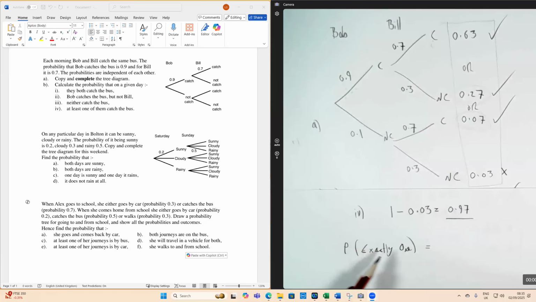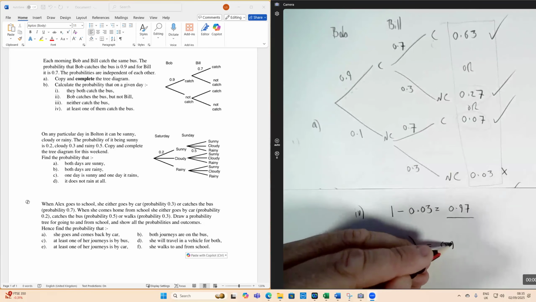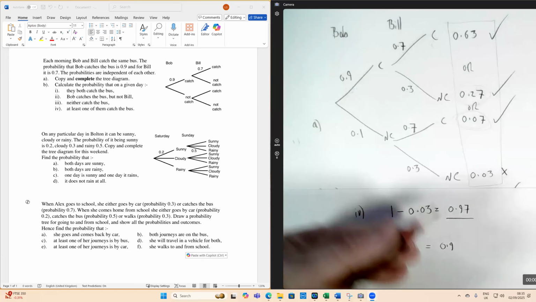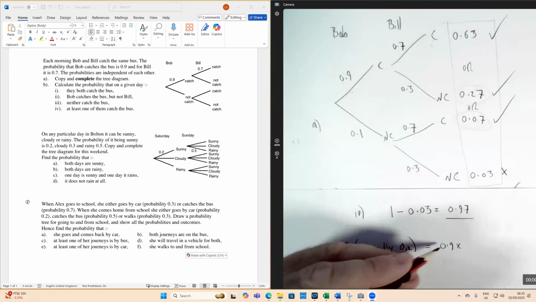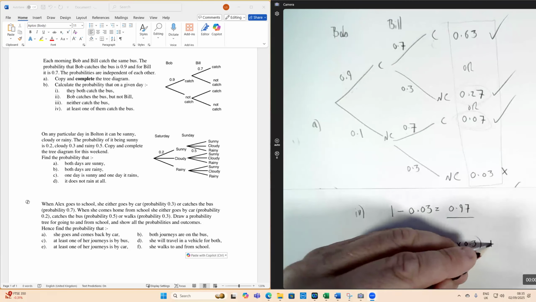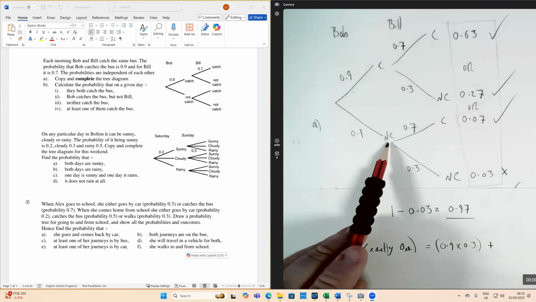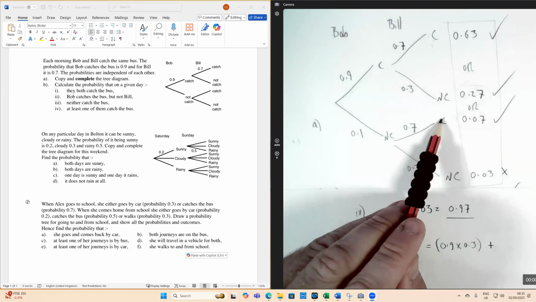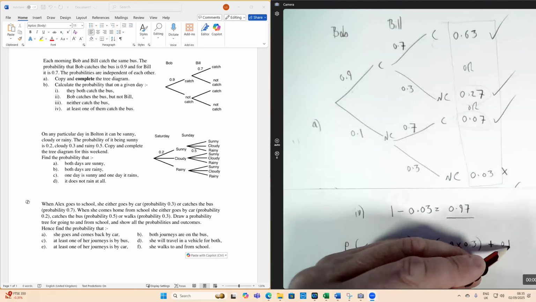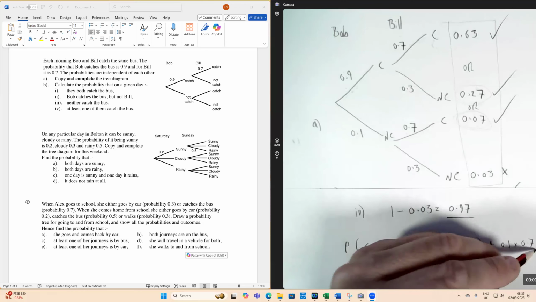So when they say the probability of exactly one, what we've got is Bob catches the bus and Bill misses it. So that's 0.9 times by 0.3. And then notice we're saying the word or, so add, Bob misses the bus and Bill catches the bus, which is our 0.1 times by our 0.7.